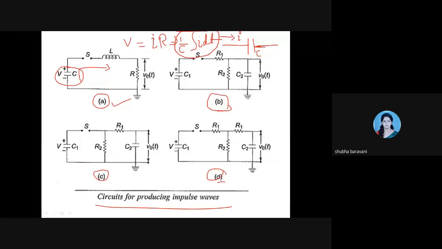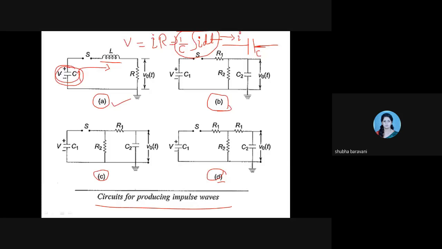You all know this, or am I talking something alien here? You have studied this, right? Yes, ma'am. Okay, so voltage drop across capacitor is 1 by C integration I dt. Next, voltage drop across inductor: L di by dt.